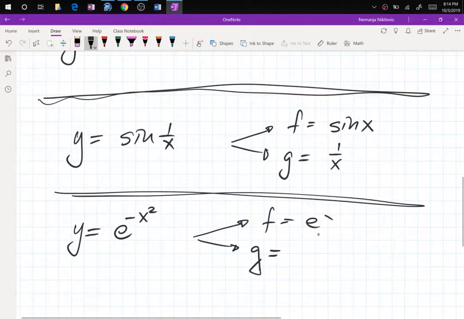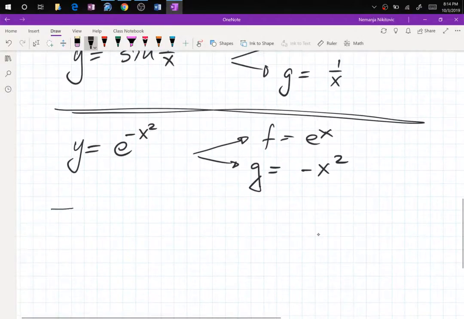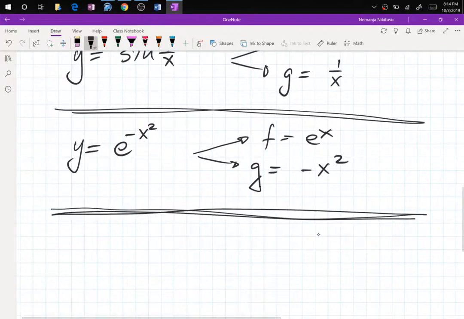E to the x, negative x squared. Perfect. Y equals e to the 1 over x, over x.